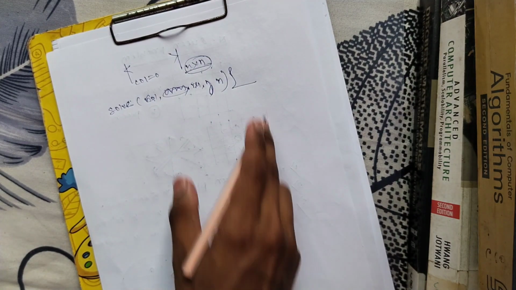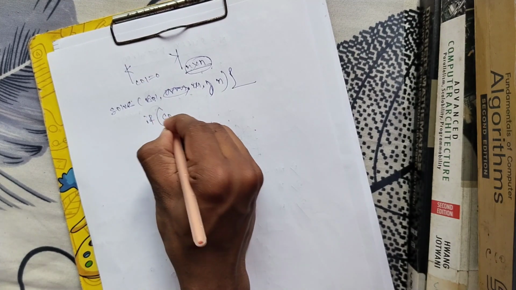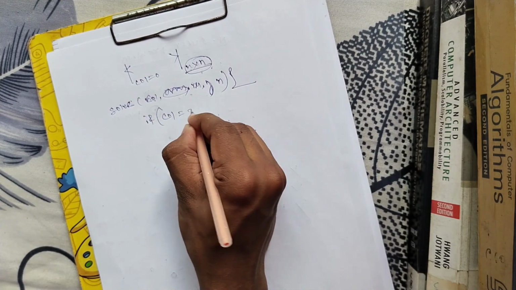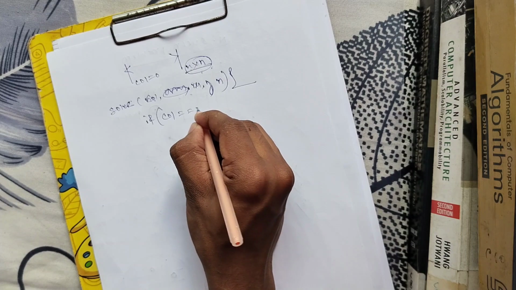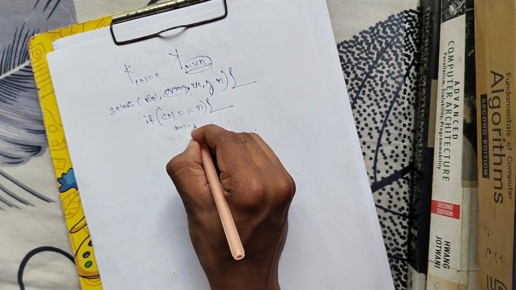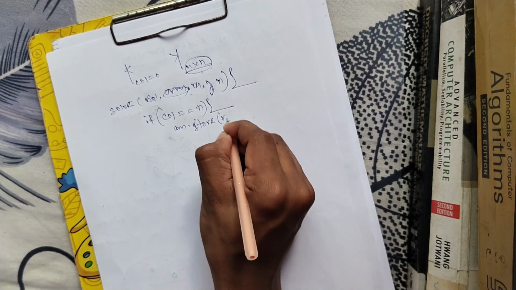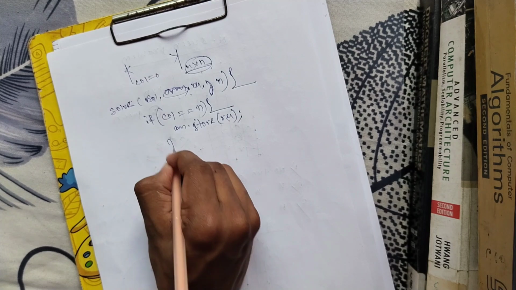Okay, let's see. First, the base condition: if the column is equal to n, then I store the final board here.